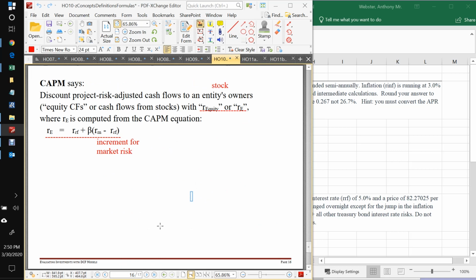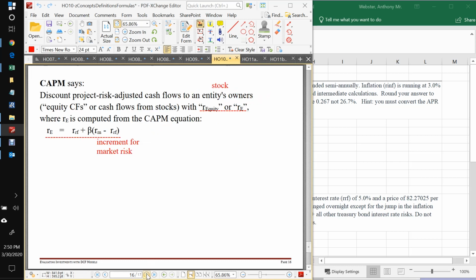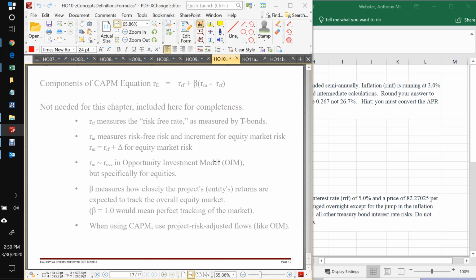It's an opportunity cost of capital model, and it's used mostly for stocks. So this is really all this page is. So just know that it exists. It's an opportunity cost of capital model, like the opportunity investment model, and it's used mostly for equity stock investments. Okay, and that's it for handout 10.